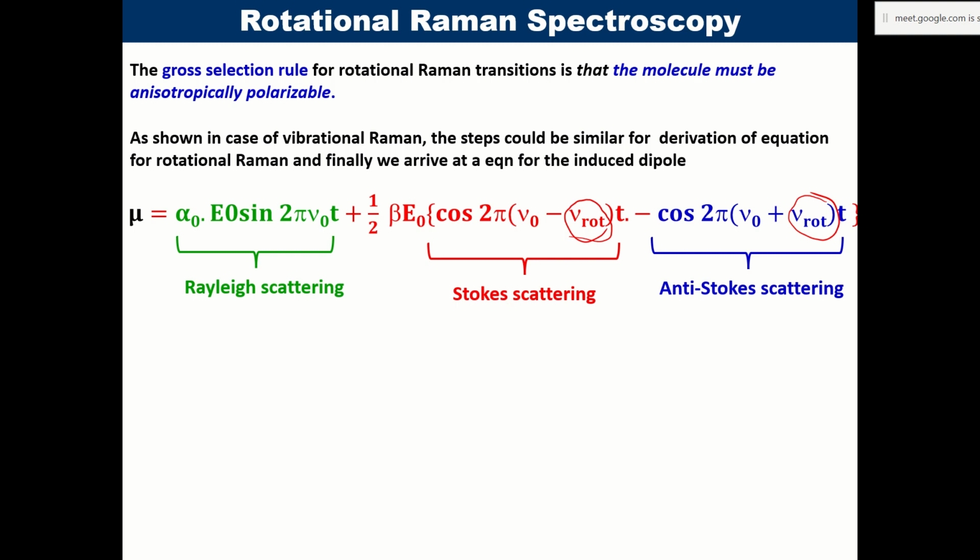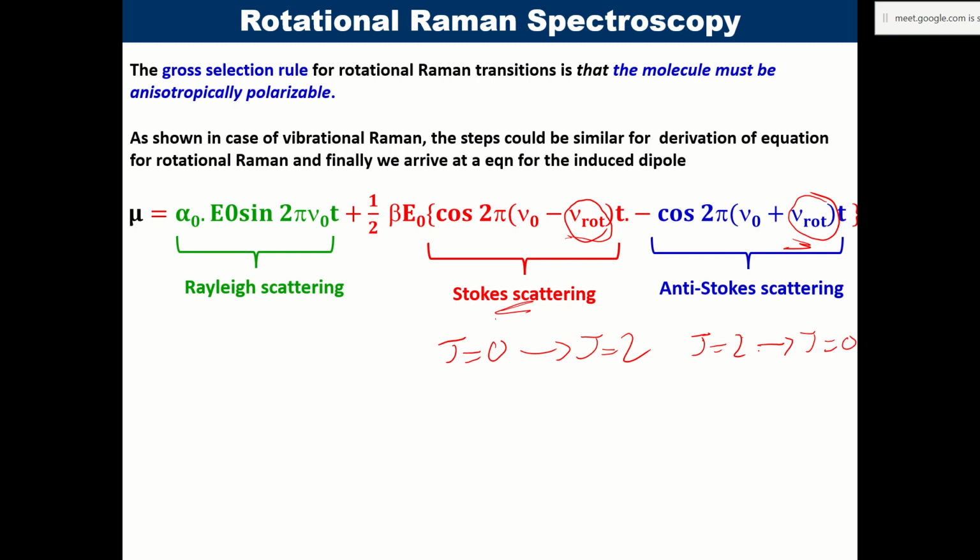The photon energy increases if it is this one, the blue one, and the photon energy will be less if it goes from J0 to, let's say, J1, or from J0 to J2.